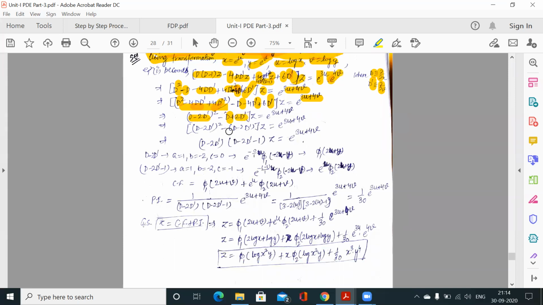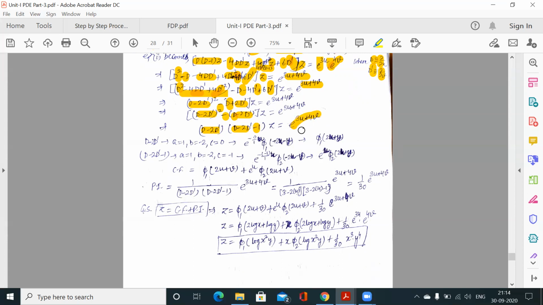If we take minus common, this is D minus 2 D dash. Taking this common, what is left from here? We get D minus 2 D dash because the square is there, and here the whole term I have taken common, so what is left is 1, with minus 1, so minus 1, is equal to e to the power 3u plus 3v.